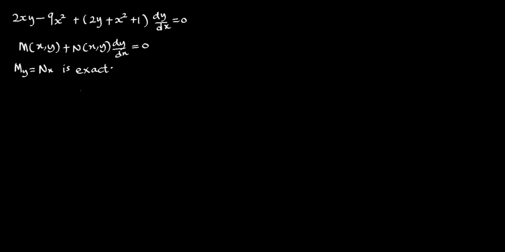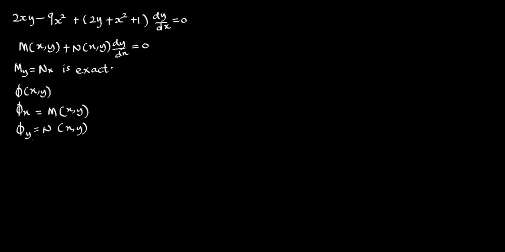Now if the differential equation is exact, then it means that there is a certain function phi of (x,y) such that the partial derivative of phi with respect to x will give us M(x,y), and the partial derivative of phi with respect to y will give us N(x,y).